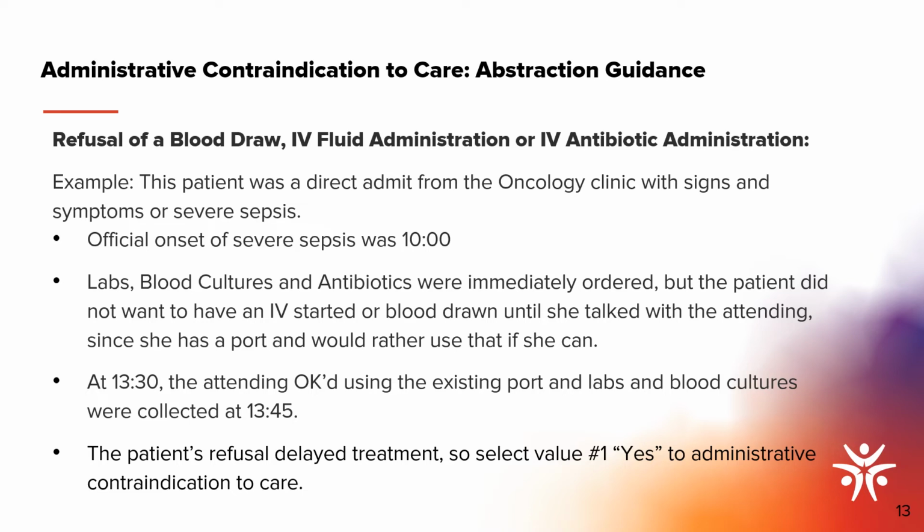At 13:30, the attending okayed using the existing port, and the labs and blood cultures were collected at 13:45. The patient's refusal delayed treatment, so we would answer yes, number 1, to administrative contraindication to care, and this case would be excluded from the measure.